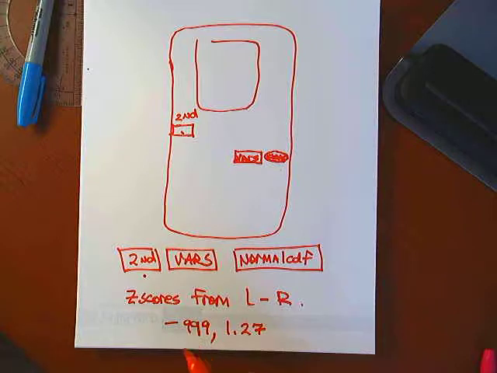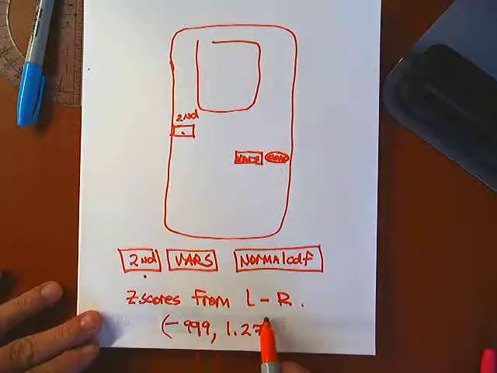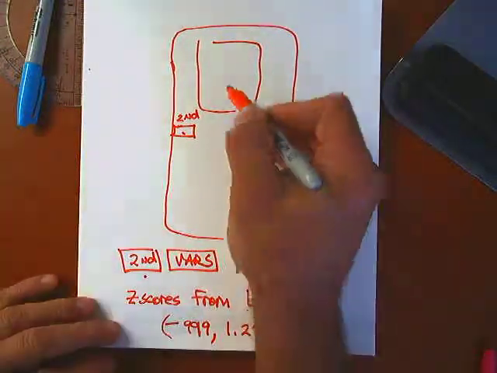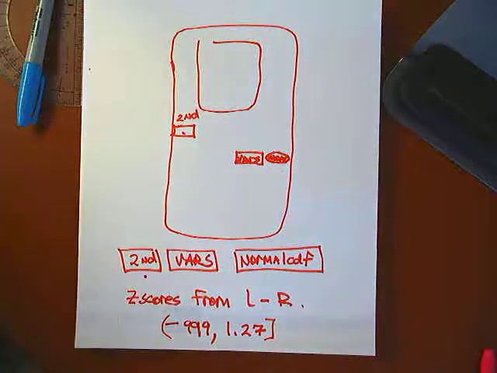So what I tell students to do is type in 999 for infinity. So negative 999 to 1.27. And type that in. It'll be asking you for parentheses. Let me see when you type it in.